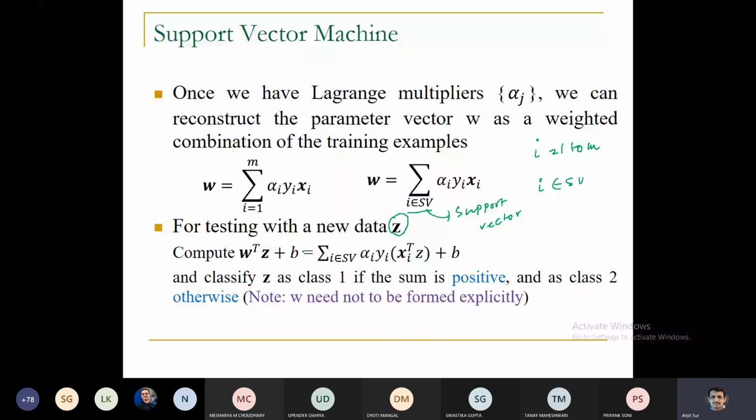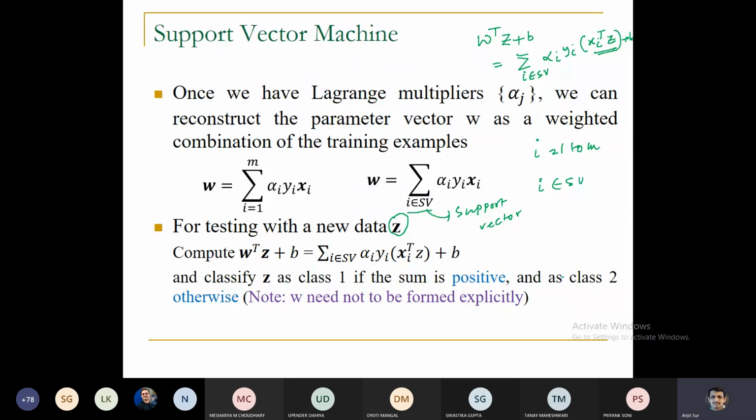With the support vectors, that is the sum over i in the support vectors of alpha i yi xi transpose Z, plus b. We classify Z as class 1 if the sum is positive and class 2 otherwise.